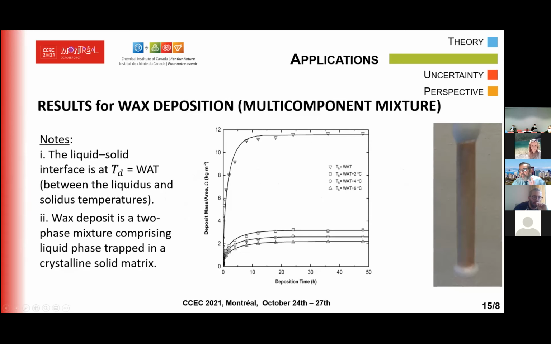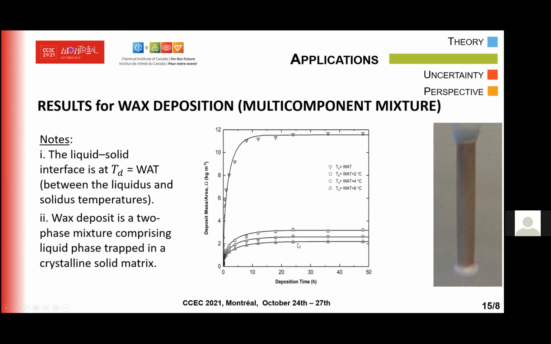Here, the deposit that you see, the picture is not fuzzy because it's out of focus. It's translucent, it's not transparent, because wax deposit is a two-phase mixture, because we are working between the liquidus temperature and the solidus temperature. So there is liquid trapped in a matrix of solid crystals, basically.